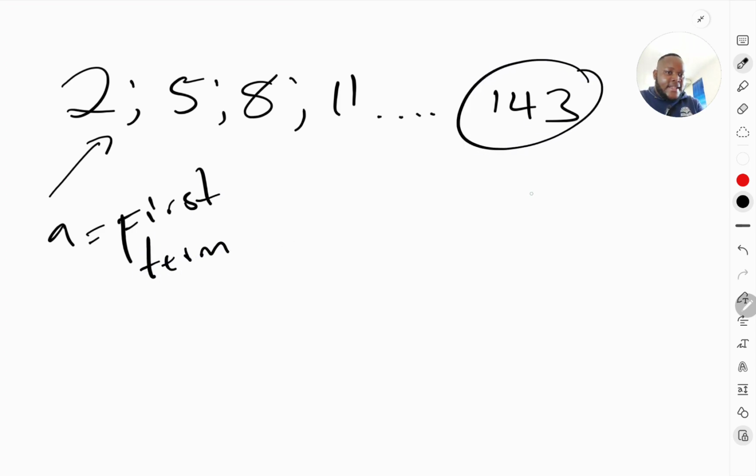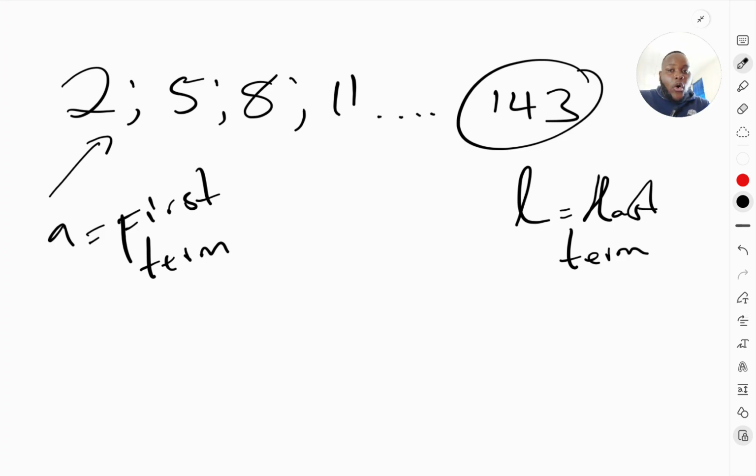This 143 is represented as L, the last term. So 5 will act as the second term, 8 will be the third term, and 11 will be the fourth term. But A is the first term, which is 2, and L is the last term, which is 143.